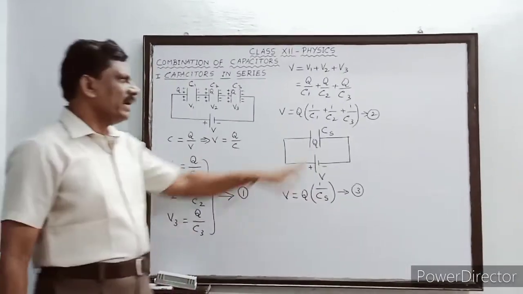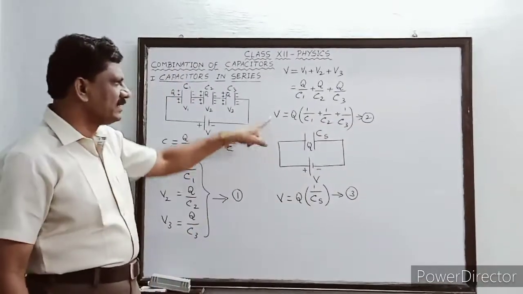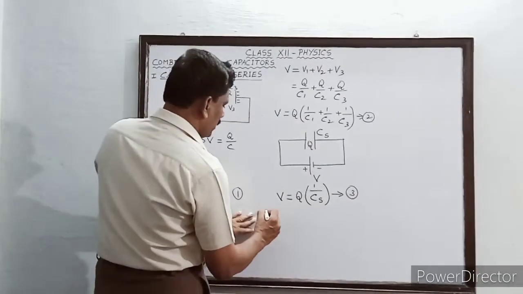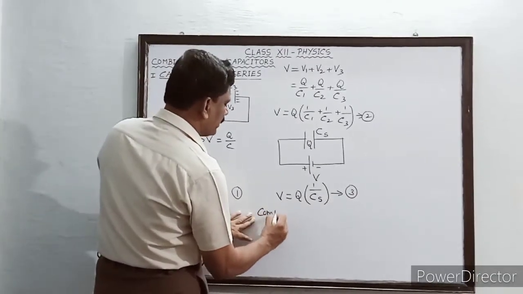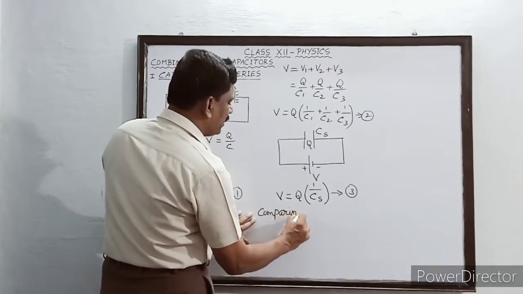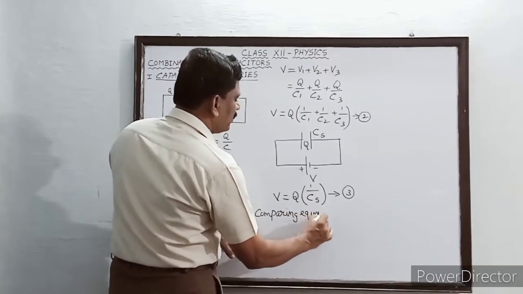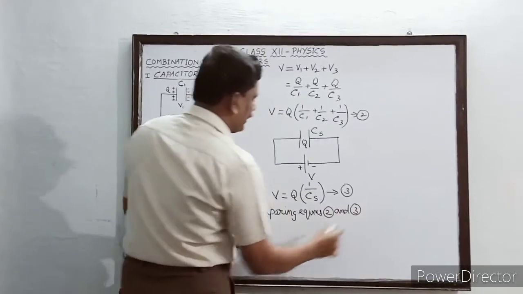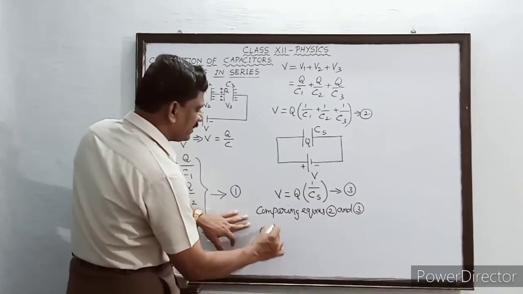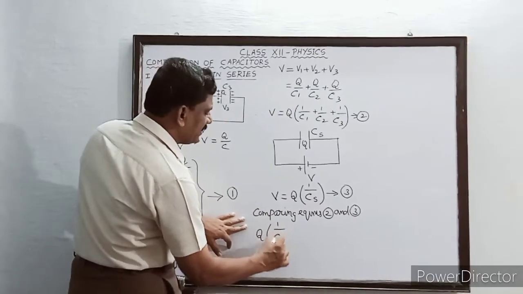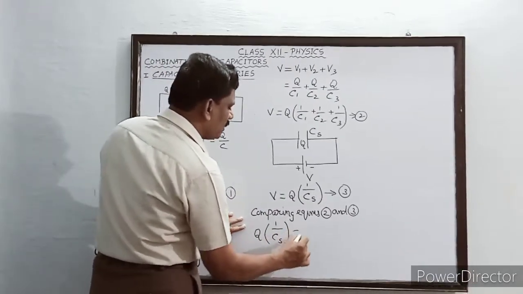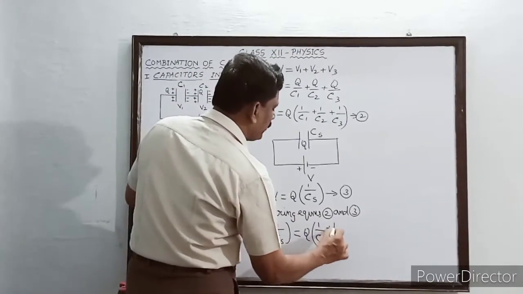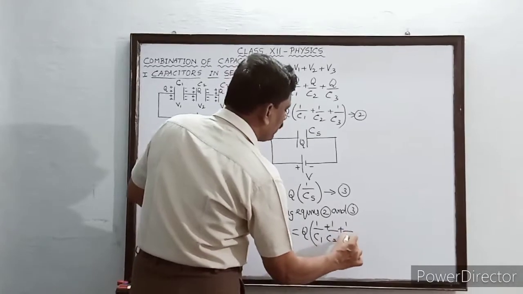Okay, now I am going to compare equations 2 and 3 because they have the same left hand sides. So I am going to equate the right hand sides. Comparing equations 2 and 3, the left hand sides are same, therefore the right hand sides also should be same. So 1 by Cs into Q must be equal to Q into 1 by C1 plus 1 by C2 plus 1 by C3.